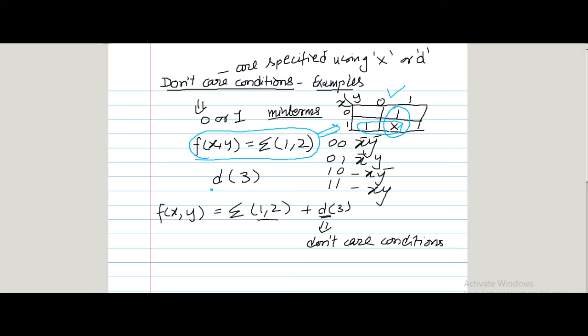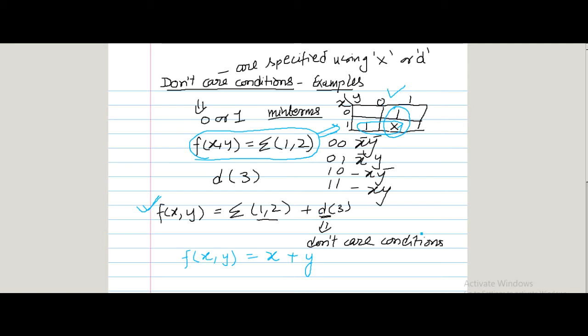So what will be the simplification now? f of x comma y: for this group it will evaluate to x, and for this group it will evaluate to y. So it will be x plus y. That will be our simplification or solution for the equation that is given to you to solve.